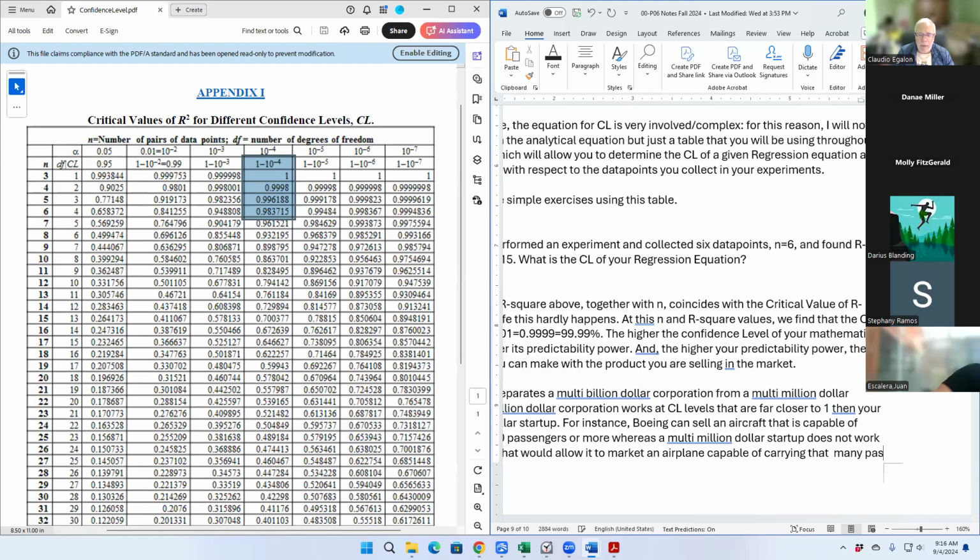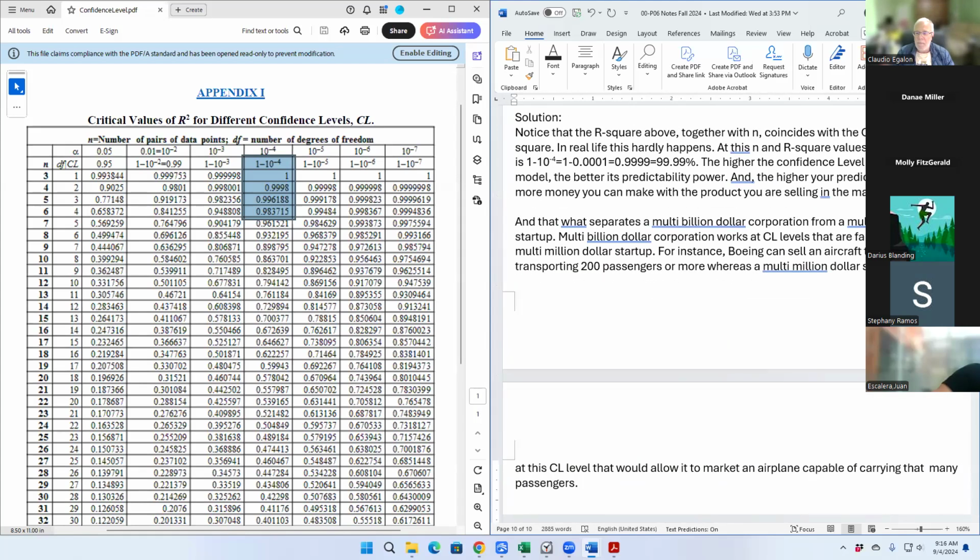See the difference? That would be one of the practical applications of CL.